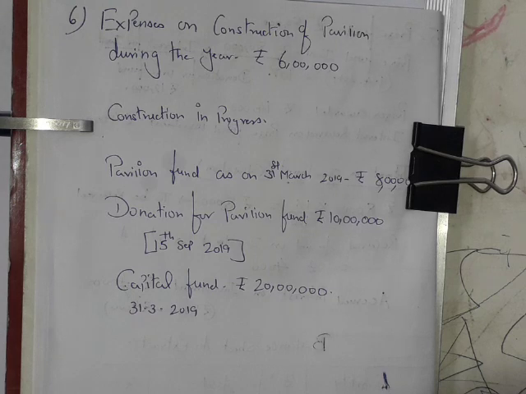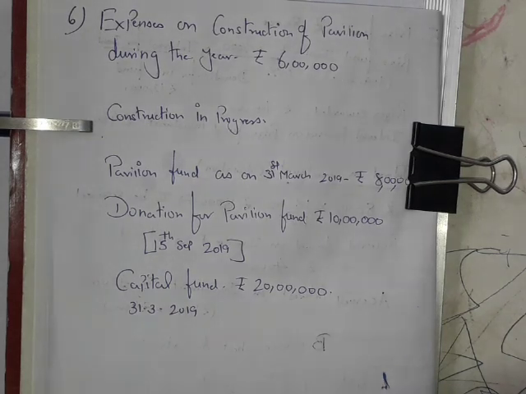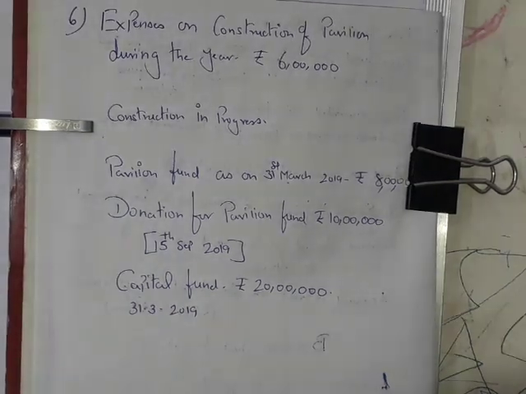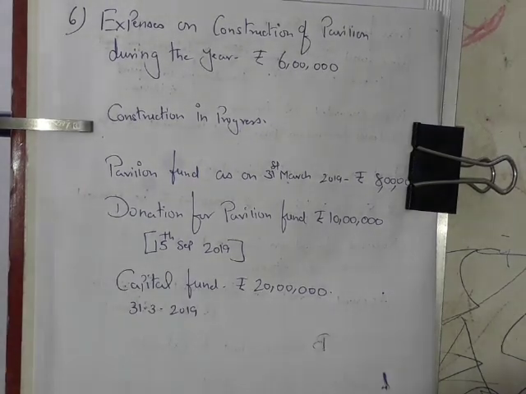If there is an opening balance of capital fund or closing balance of capital fund, you will do it along with it. If not, you have to take the amount to the capital fund, and you will show it out. Now let's understand how to work out our balance sheet. Clear, students? Fine.